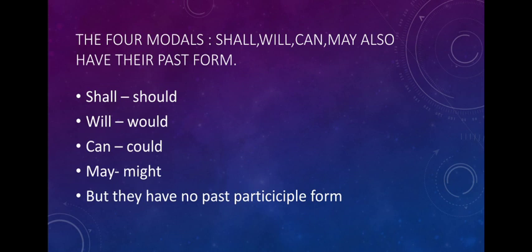Even these four modals can form their past tense. That is, shall, should; will, would; can, could; may, might. But one thing you have to remember is that they do not have a past participle form.